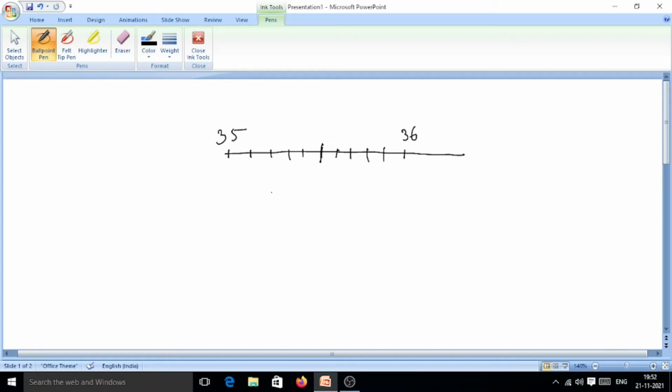So 1 degree divided by 10 subdivisions, if we divide it, then 0.1 means 1 division. The value of this one division is 0.1 degree Celsius. Okay, so that way we have to find out the small division. In any scale you can find this out.